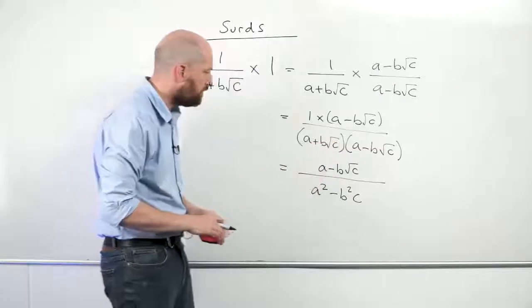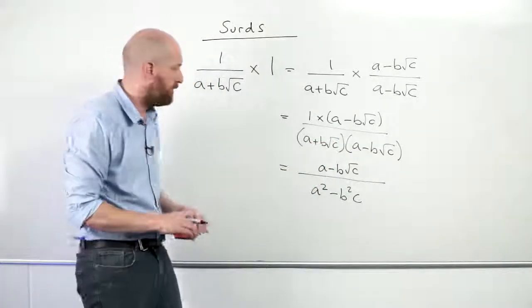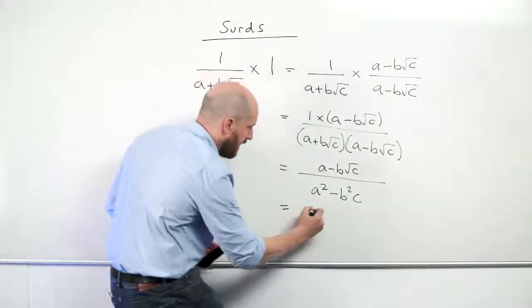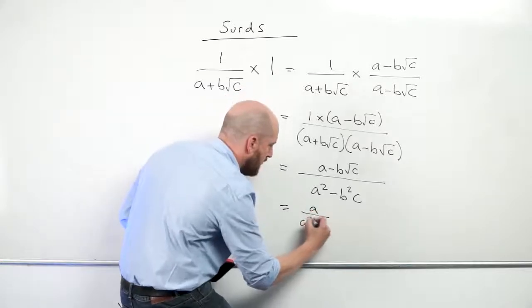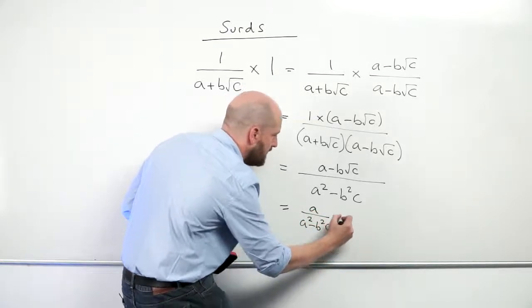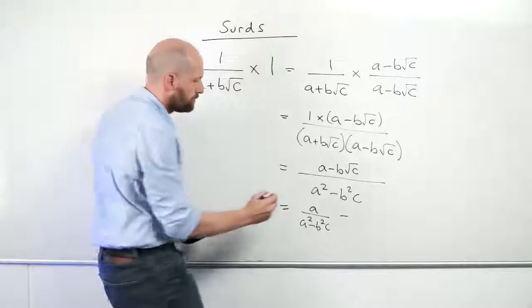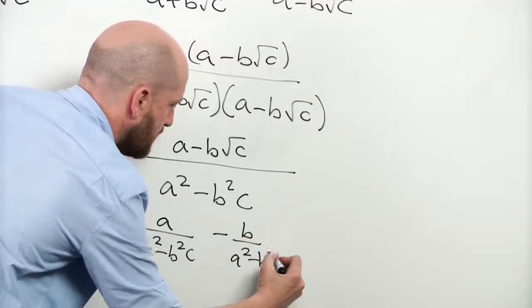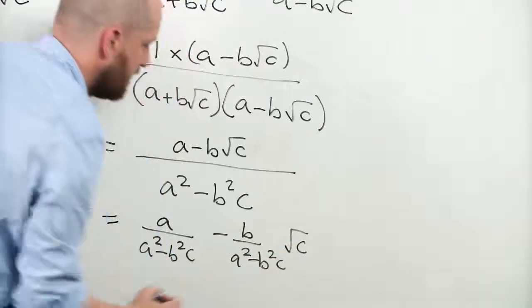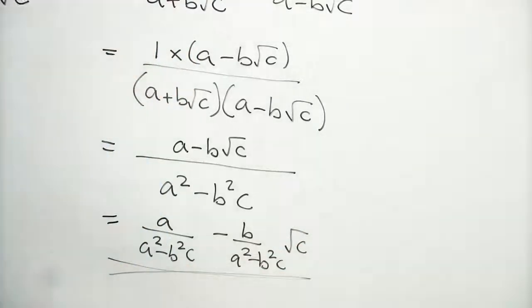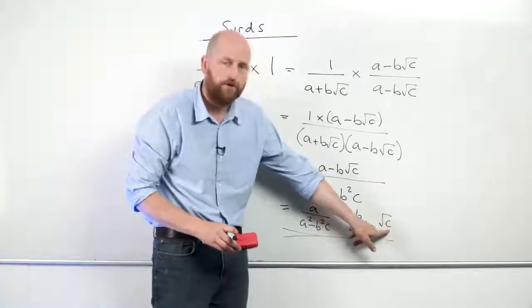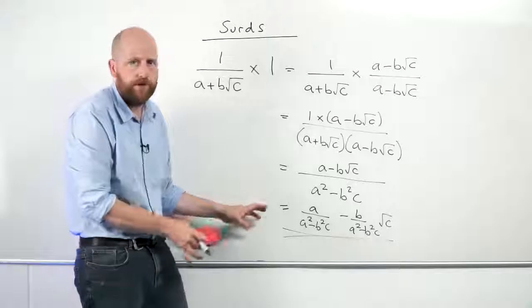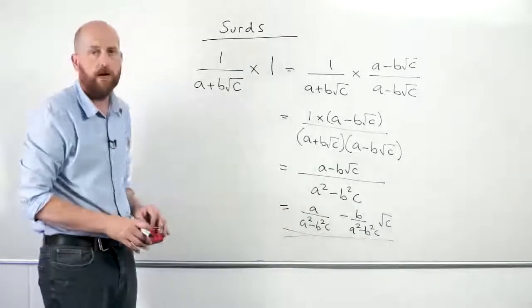This looks a bit horrible, but in fact, it's a much nicer form because this is in fact a over a squared minus b squared c minus b over a squared minus b squared c root c. And why is that nicer? It's because now we have no surd in the denominator. We actually have it here in the numerator. If we put every expression in this way, then multiplying things out is far simpler.